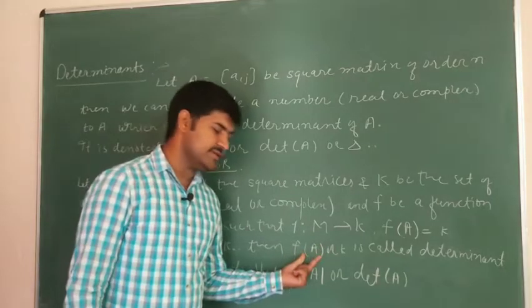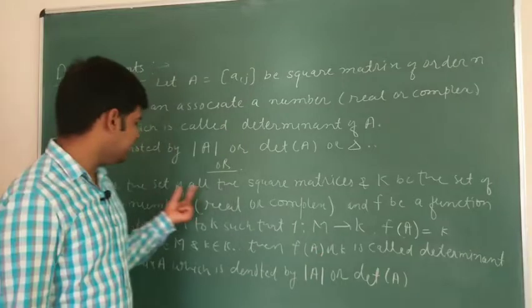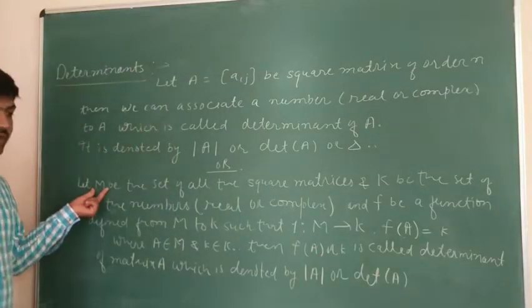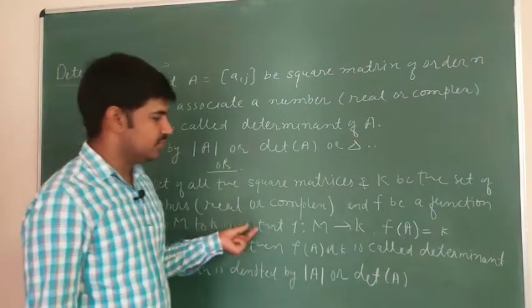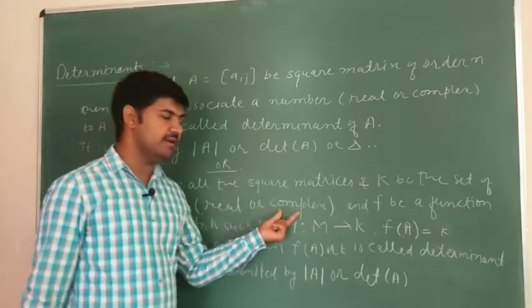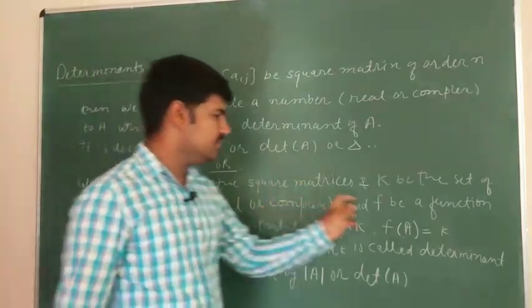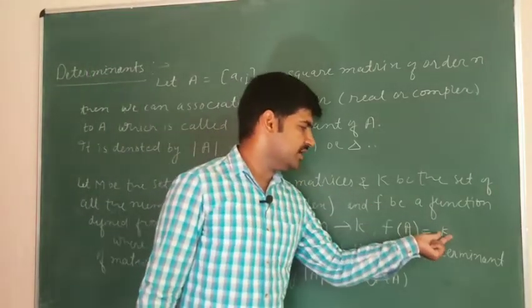So there is a function, students, whose domain is the set of all of the square matrices, and what is its codomain? Its codomain is the set of all of the numbers which are real and complex. So when we put a square matrix into this particular function, we are getting the determinant.